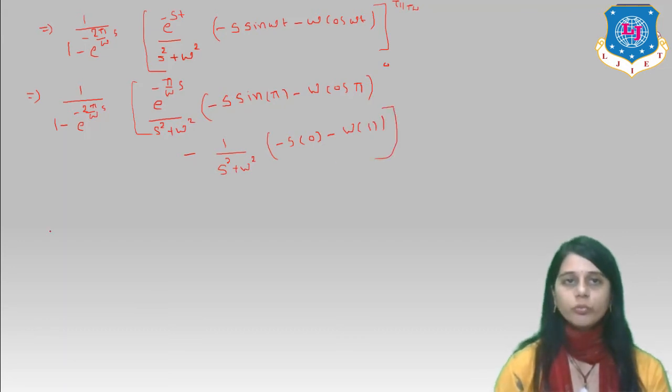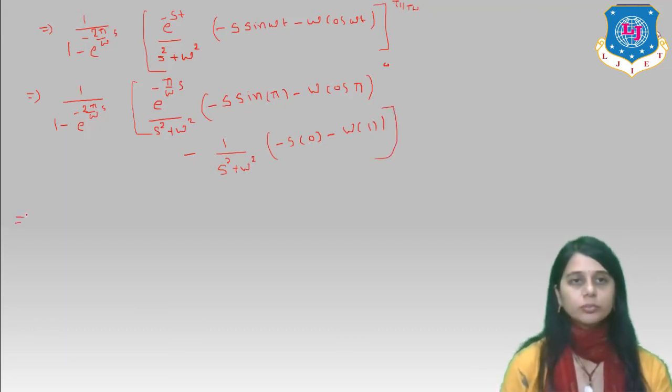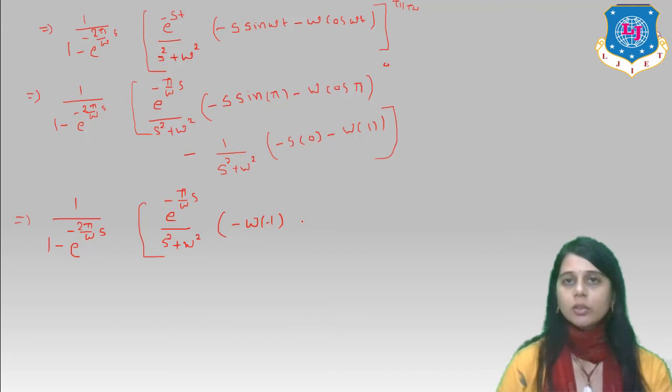To solve this, we get 1 upon 1 minus e raised to minus 2 pi by omega s, times e raised to minus pi by omega s upon s square plus omega square, times omega, plus 1 times omega upon s square plus omega square.